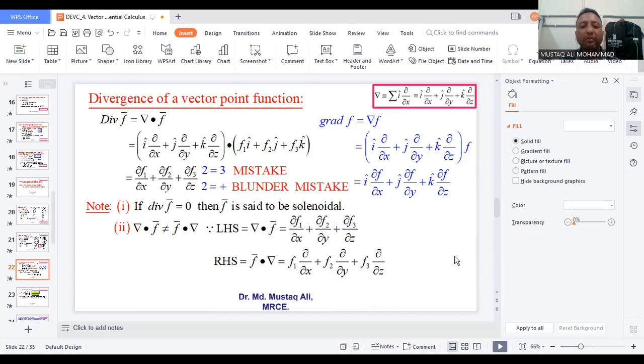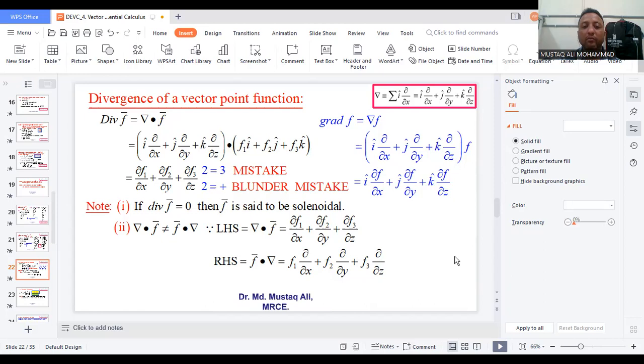Okay. Here you can see the difference between the formula for gradient f, which is del f, and the divergence of f bar. If divergence f bar is equal to 0, then f bar is said to be solenoidal. Here you can see a mistake and a blunder mistake.